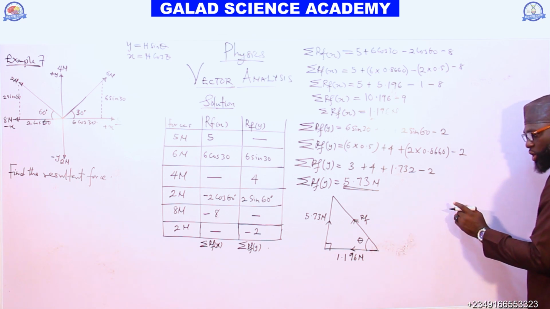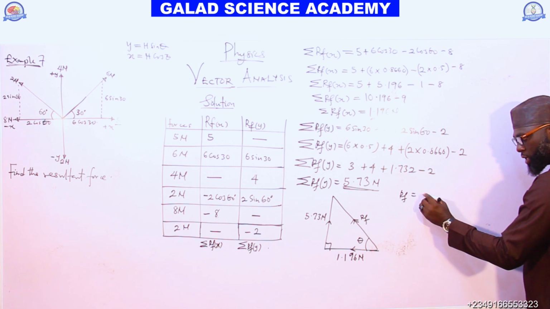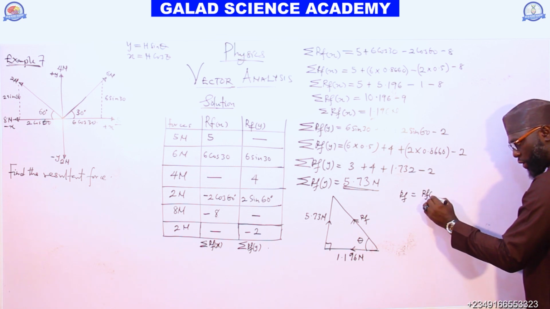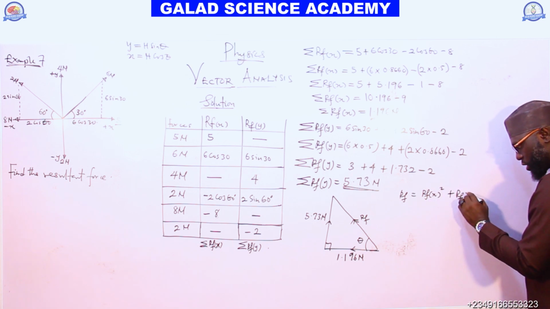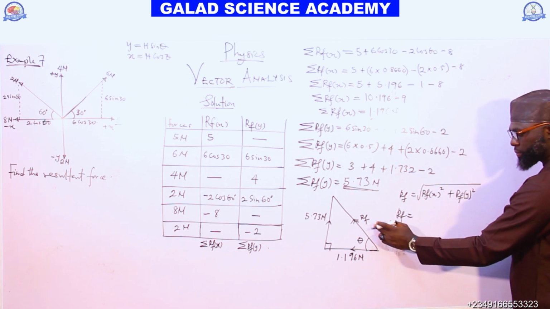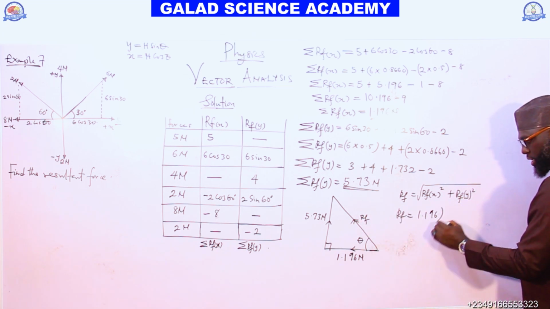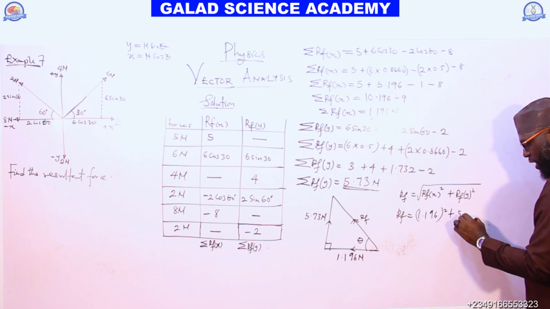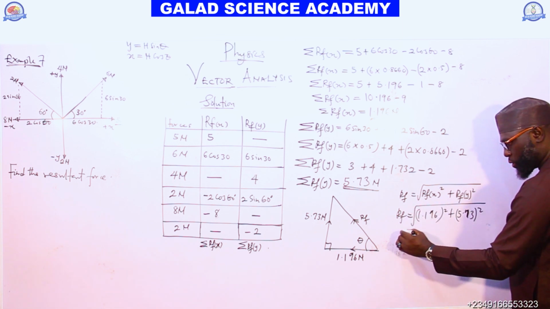By applying Pythagoras theorem, the resultant force will be the resultant force for x-axis square plus resultant force for y-axis square, everything square root. So the resultant force will be 1.196 everything square plus 5.73 everything square, then square root.